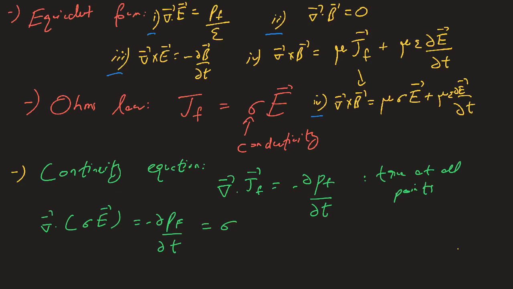So we've already done this. What you have is a differential equation: partial rho f by partial t is equal to minus sigma over epsilon times rho f, right?